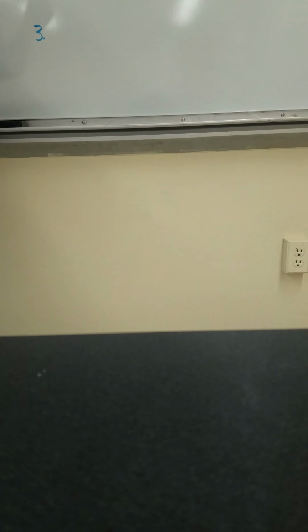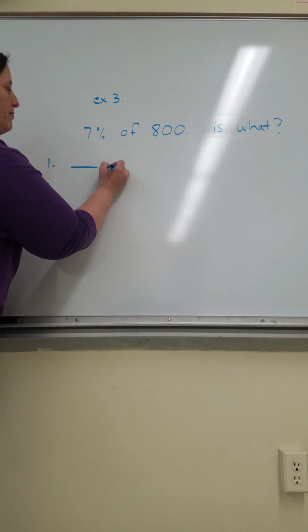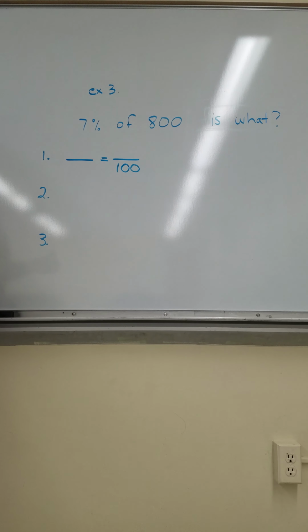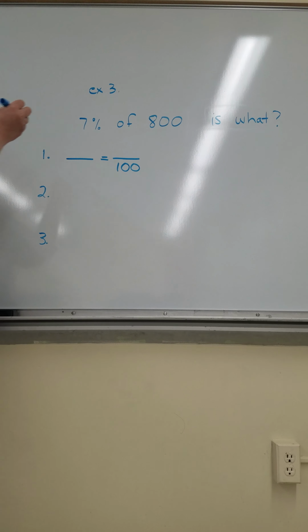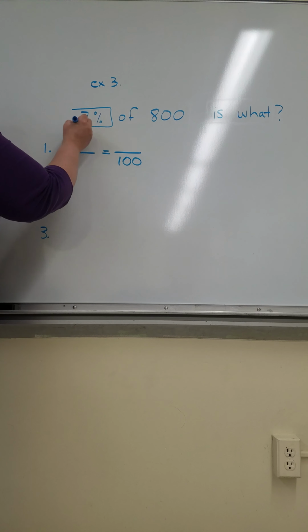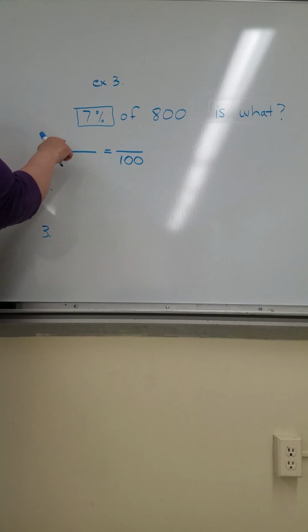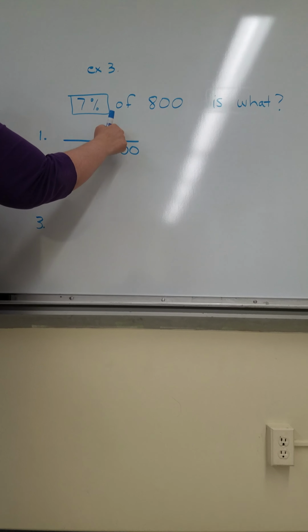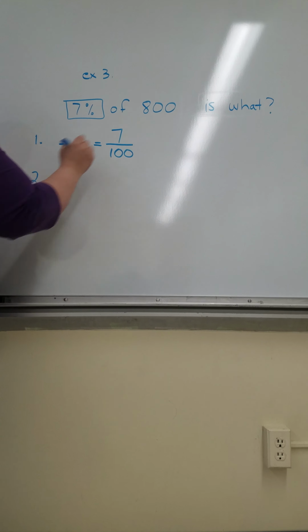Okay, let's move on to our third example. 7% of 800 is what? Notice I have already set up that we're going to do 3 steps. Step 1 is plug everything into our formula. So we know the 100 never changes. All right, let's read. 7%. Where's the percent go? Is over of equals percent. Oh, 7 should go here.